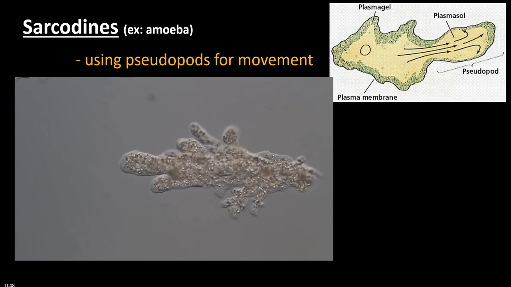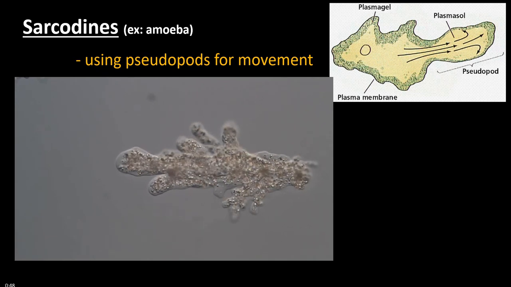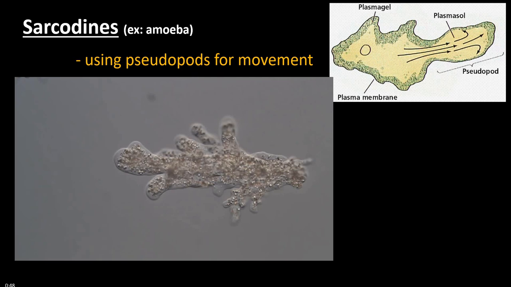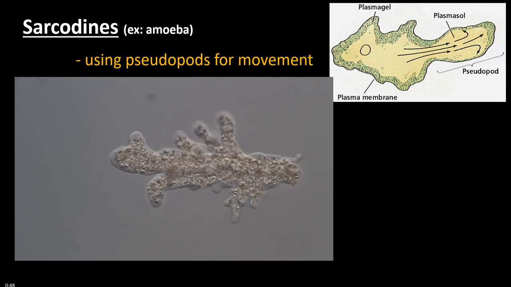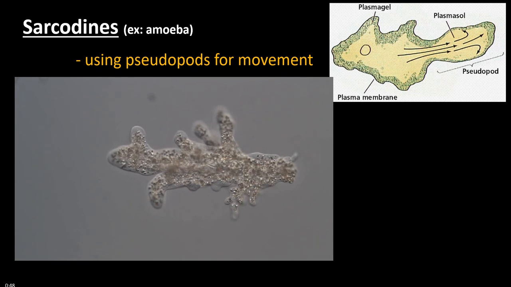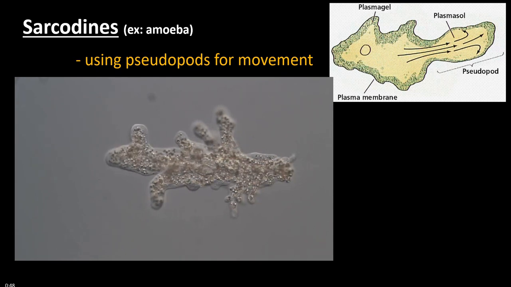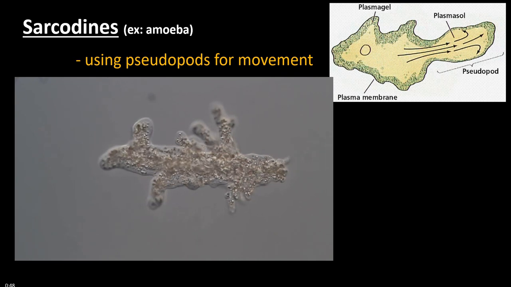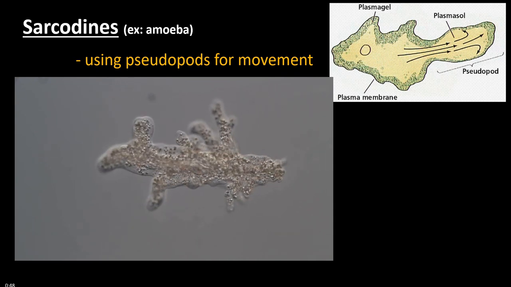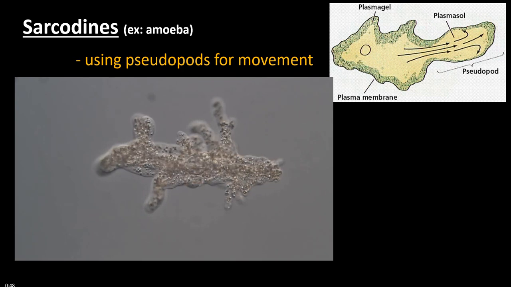Okay, you can see through it. You can see the cytoplasm or plasmasol moving through. You can see on the edges of it, it's a little bit clearer. It's kind of the edges of the material, and you can see that it's actually moving across as it goes.